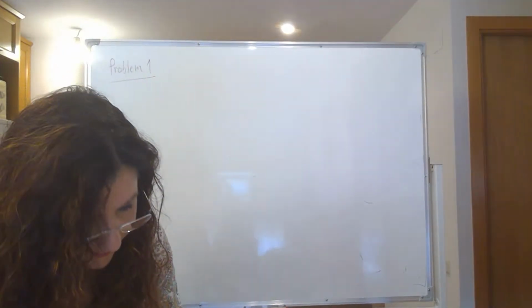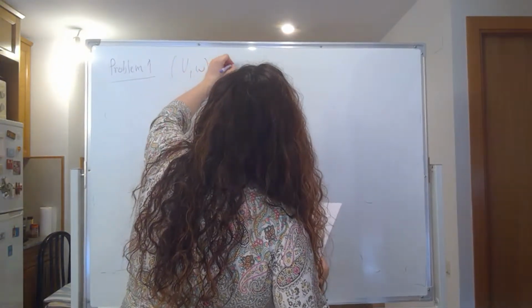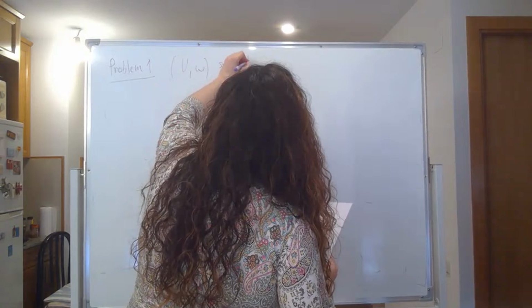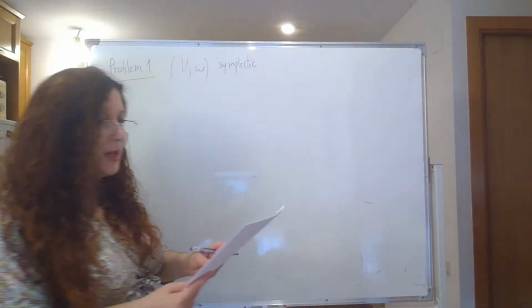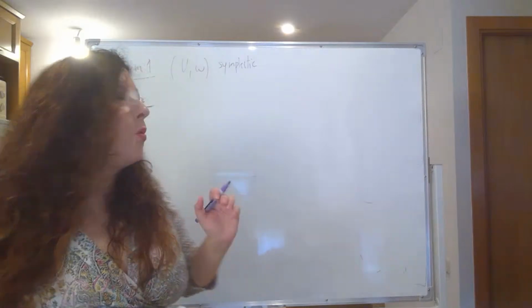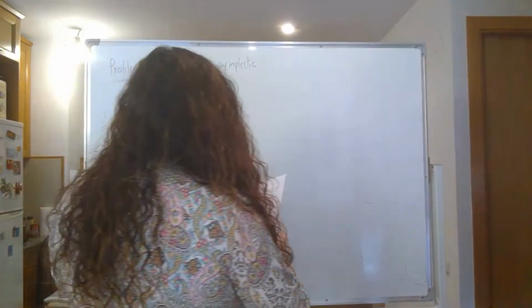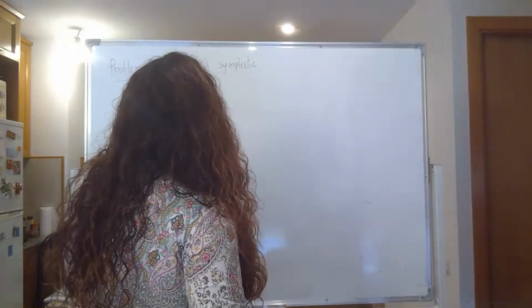I did problem 11, now I do problem 1. We have a symplectic vector space. Okay? And we have to show that any codimension 1 subspace Z is coisotropic.